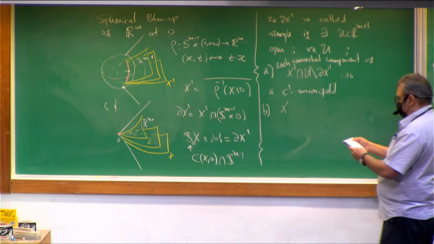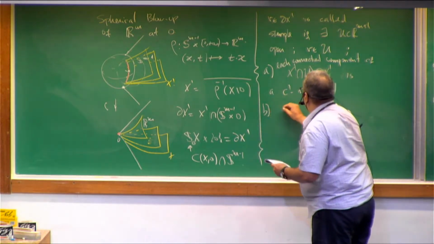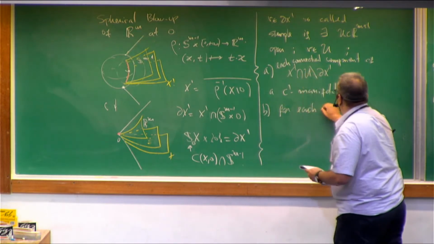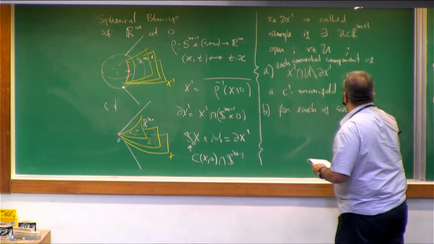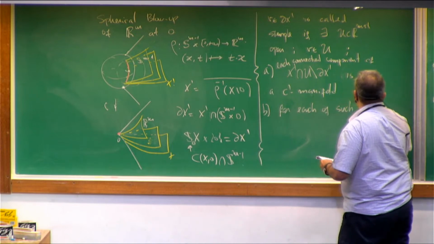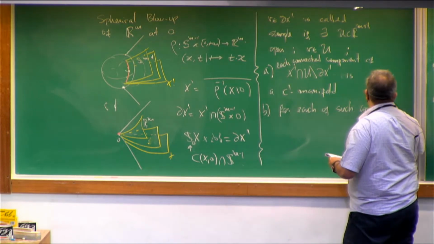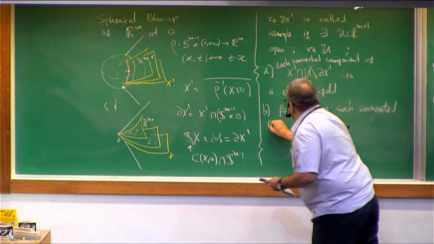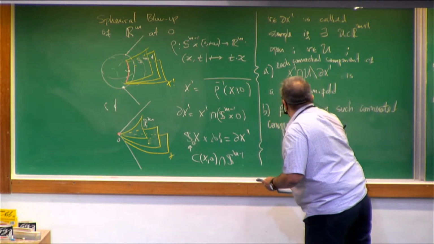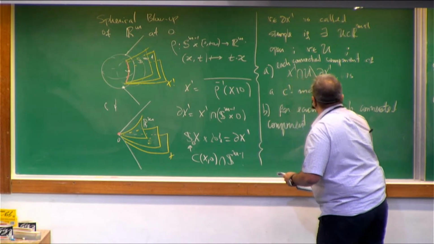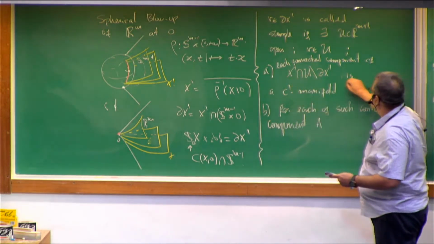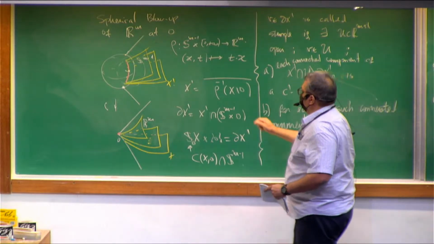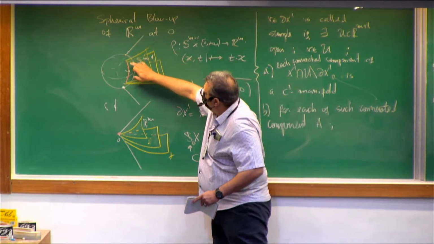Okay, and then for each such connected component, let's say A, you take one of them and you add this.